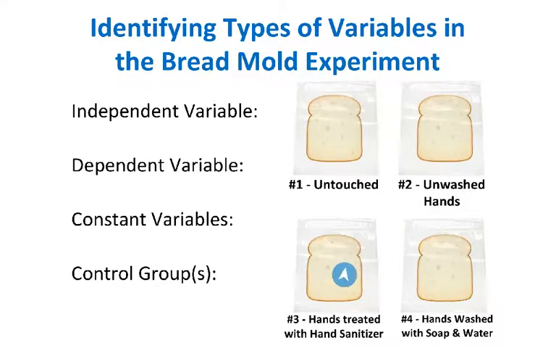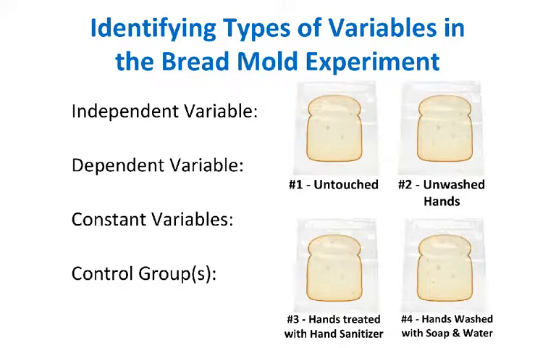Your third piece of bread is going to be handled with hands that had been treated with hand sanitizer. So you're going to put hand sanitizer on your hands and then handle the bread and then put it in this bag, okay? And then in this last one, number 4, you're going to wash your hands with soap and water. So no hand sanitizer, soap and water. And then you're going to handle the bread, and then you'll put the bread in the baggie, okay?